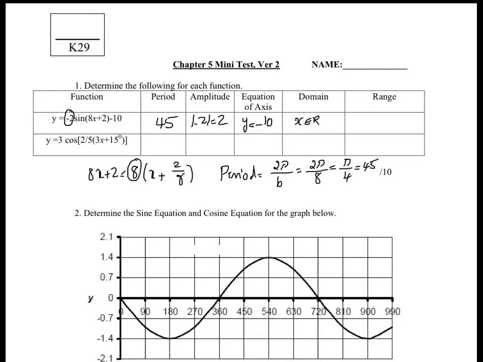And for the range, since sine is always between 1 and negative 1, the maximum this function gets is when sine is 1, so the maximum is negative 2 times 1 minus 10, which is negative 12.